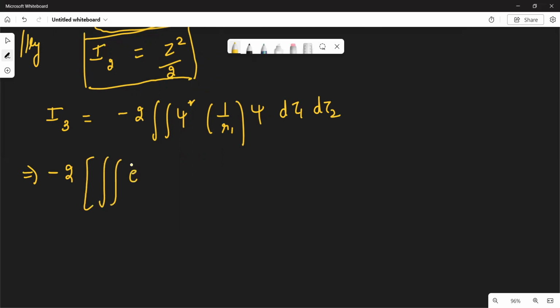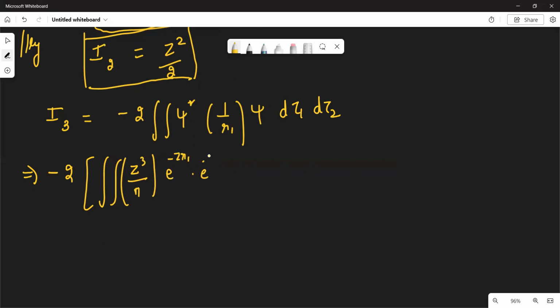Psi star we know, it is z cube by pi, and exponential e raised to power minus z r1.